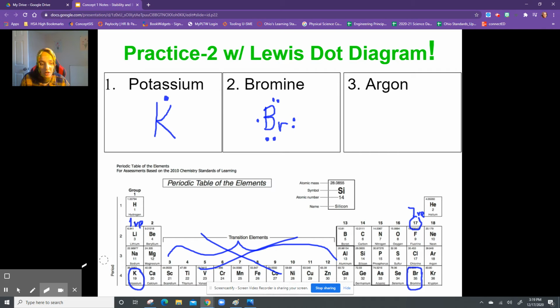Now let's do the argon. Well, argon is in group 18. So you're asking yourself, why is she doing argon? It's one of the noble gases. It's not making any bond.